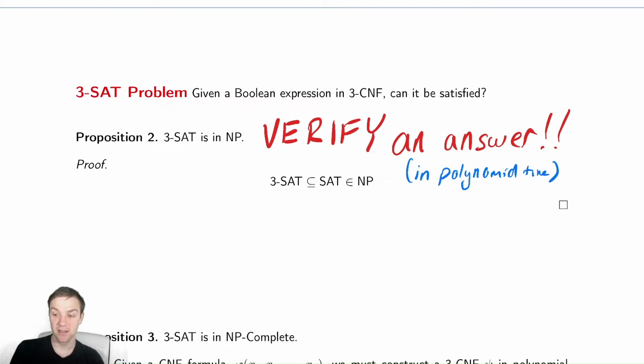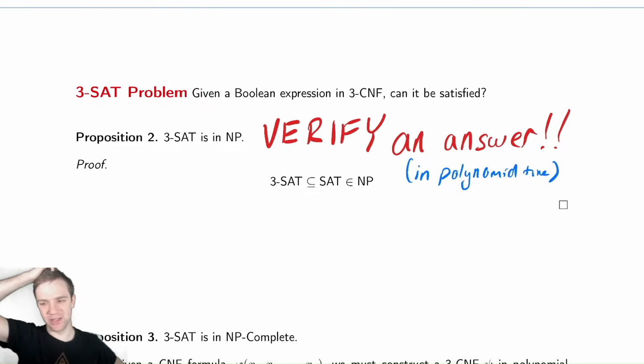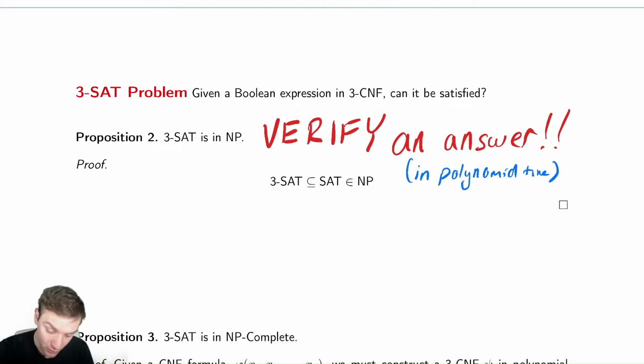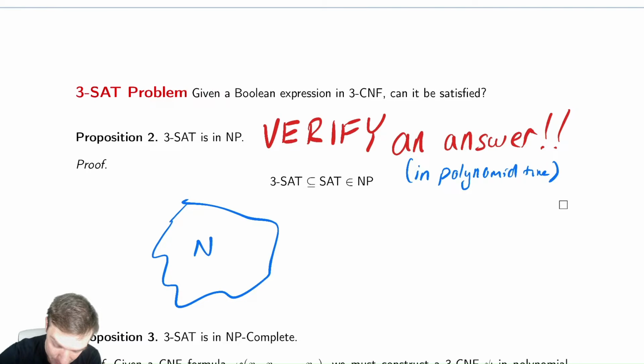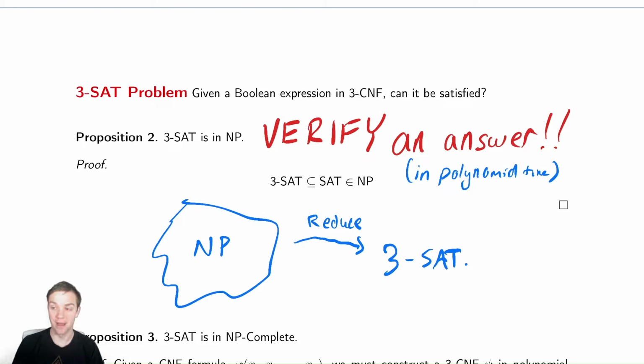NP complete. How could I do this? So the thing I need to prove is, given any problem in NP, I can reduce it to 3SAT somehow. How could we do that?